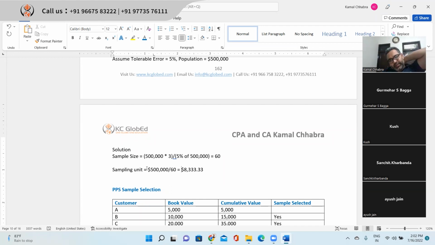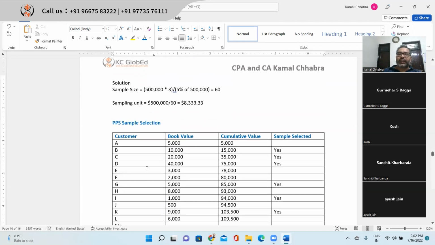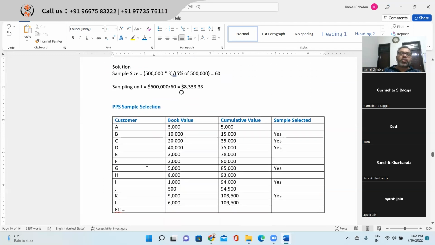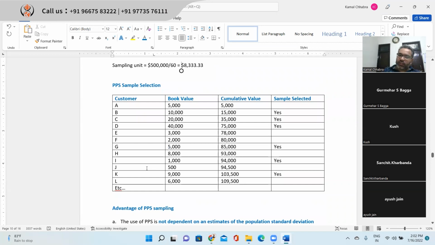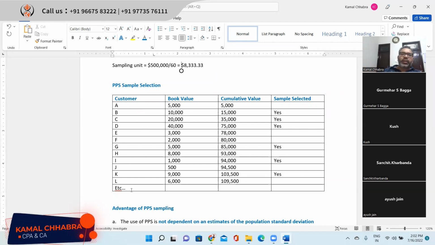So for PPS, how do you calculate which samples you need to test? The question now is which samples you will select for testing. Let's say there are many transactions given to you, like customers A, B, C, D, E, F, G, H, I, J, K, totaling, let's say, 500,000. Customer A has a balance of, let's say, 5,000, B has 10,000, C has 20,000, and so on.